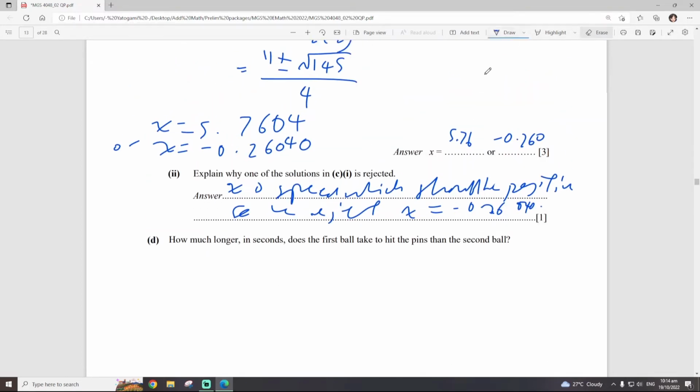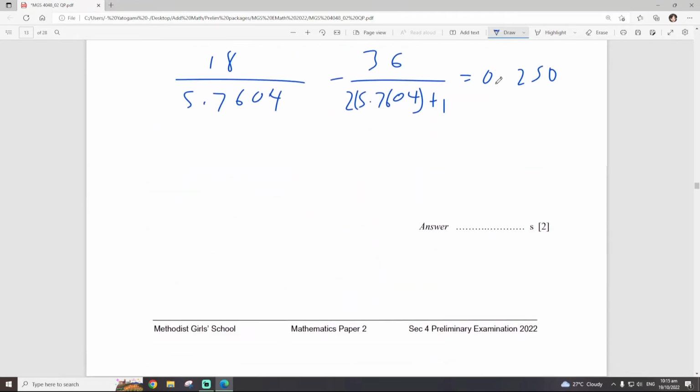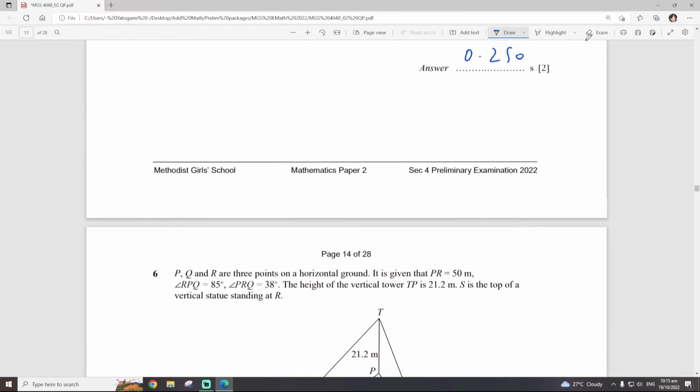It will be 18 over 5.7604 minus 36 divided by 2 times 5.7604 plus 1. And this will give me 0.250 to 3 SF.